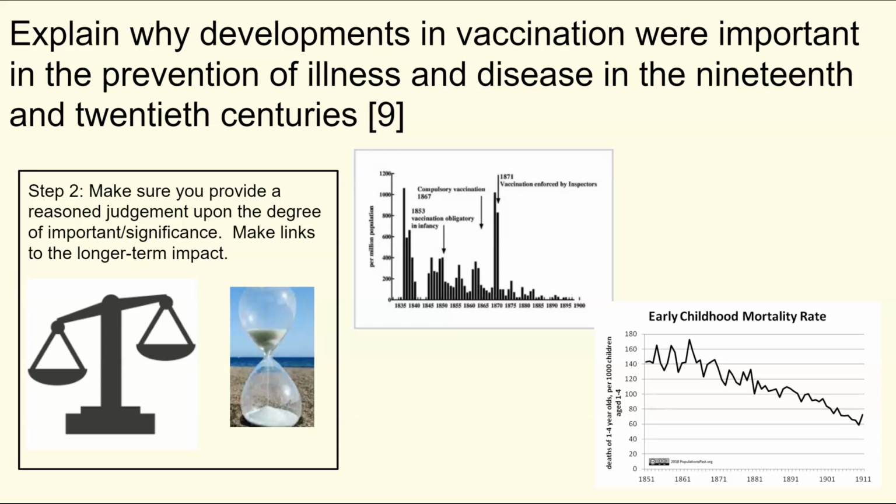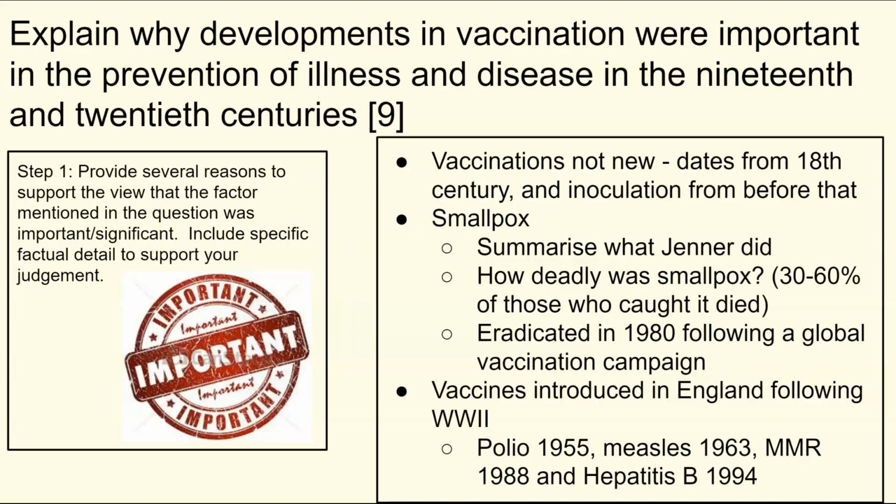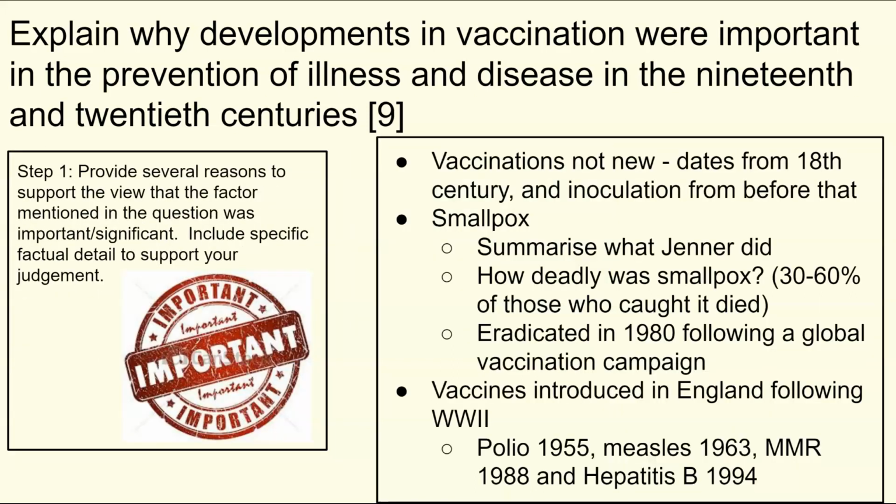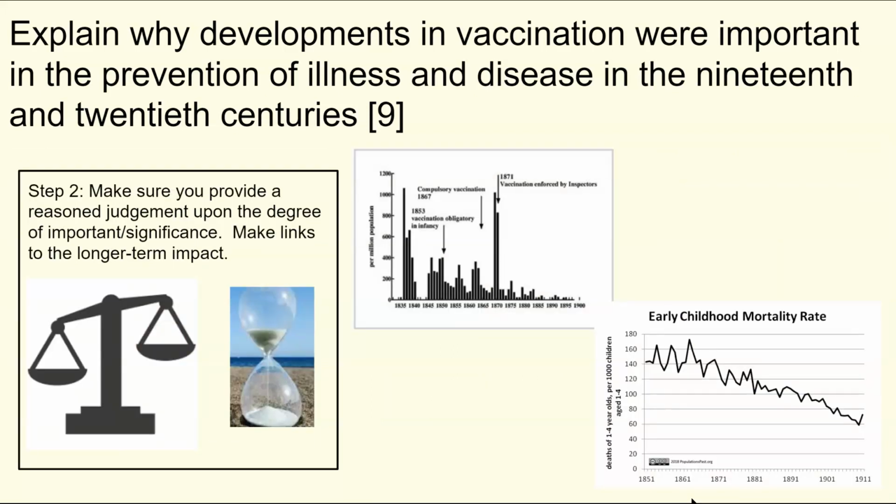If you link this to some of the previous points, where you're saying, I know that this graph goes only to 1911, but you could continue to say that there has been an increase in children surviving beyond the age of 4 since the introduction of these vaccines of polio, measles, MMR and hepatitis B, then that really does support your judgment that this has been a significant event.